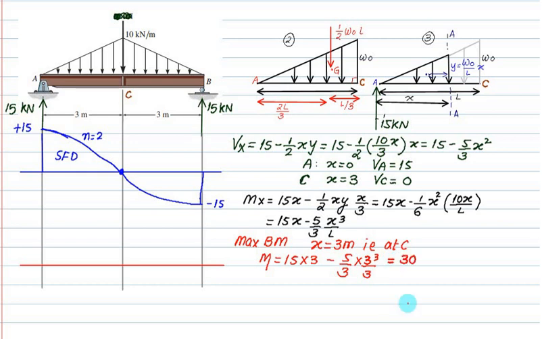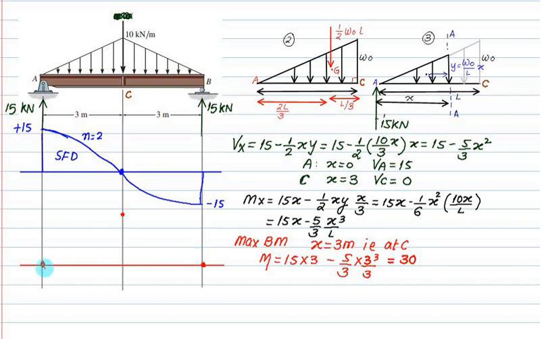See how I am constructing the diagram. Is the bending moment at this point 0? And is the bending moment at this point also 0? You are sure about this? And is this bending moment positive? Correct? If I join this point, this point, this point, is it a downward parabola?